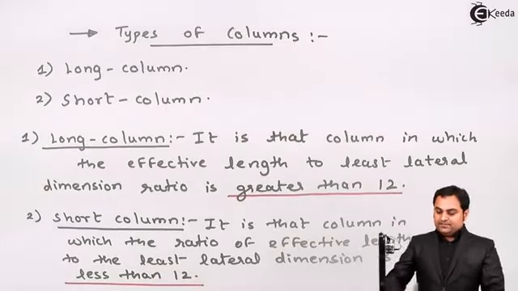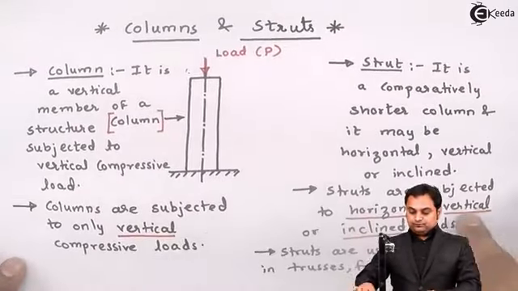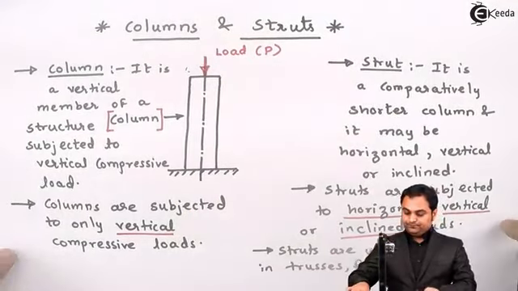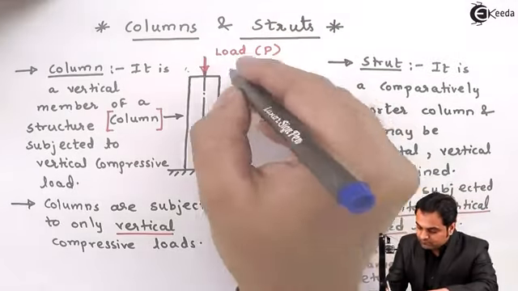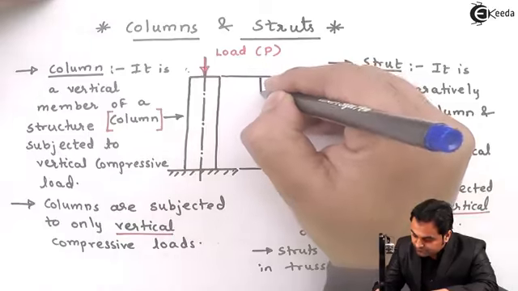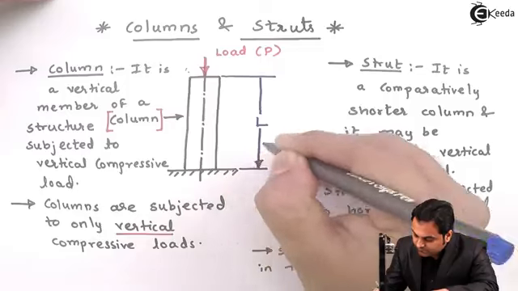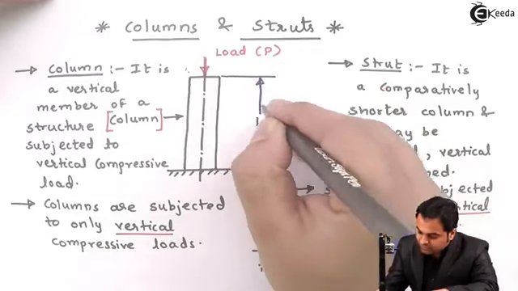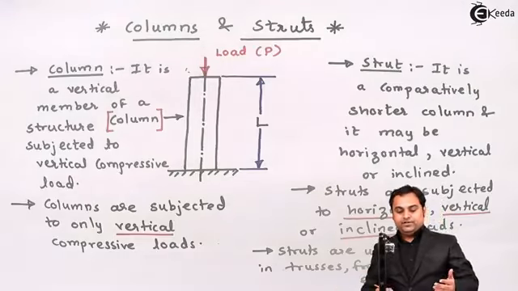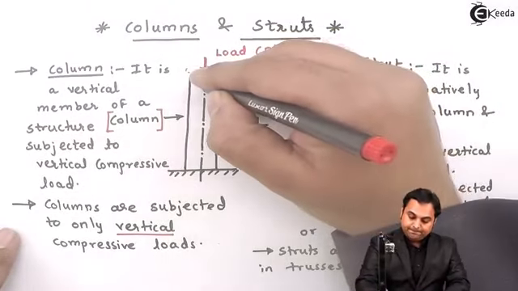Now here I'll explain this long and short column with the help of a diagram. The column which I have drawn here, this indicates the length of the column. Because of the load acting on the column, this column may bend.